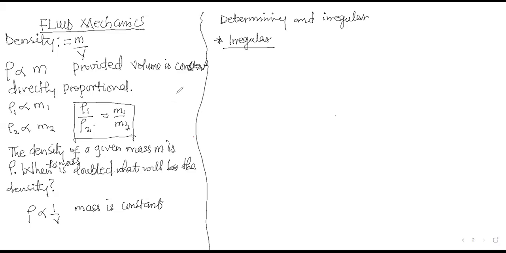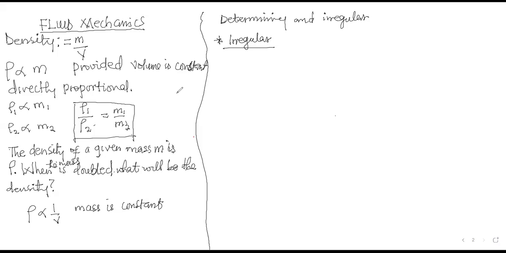Sir, please, you use the Eureka can method, or you can use a measuring cylinder. Pour enough water into it. Tie a string to your irregular object and lower it gently into the measuring cylinder.